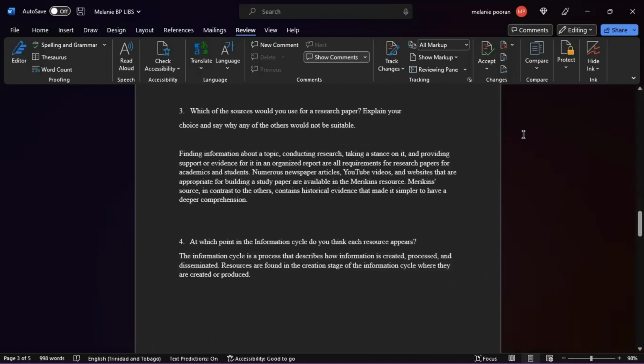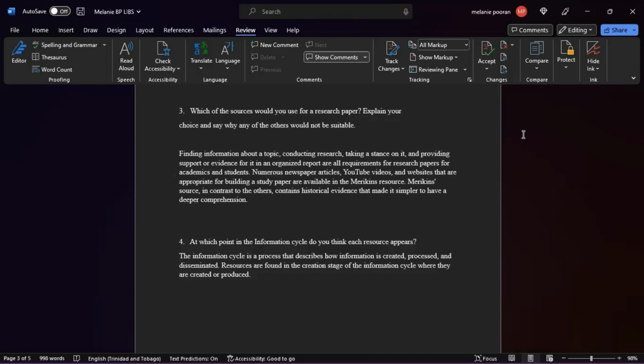Okay. And which of these sources would you use for a research paper? Also, can you explain your choice and say why any of the other sources would not be suitable? Yes. Finding information about a topic, conducting research, taking a stance on it, and providing evidence to support it in an organized report are all requirements for research papers for academics and students.